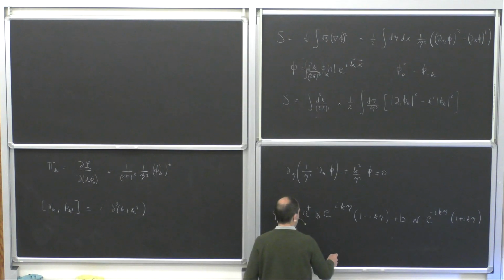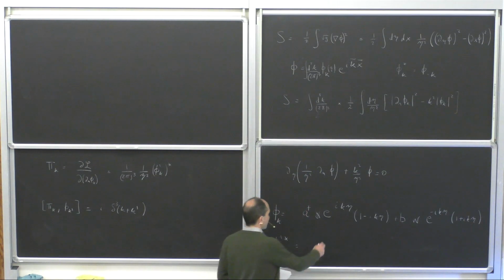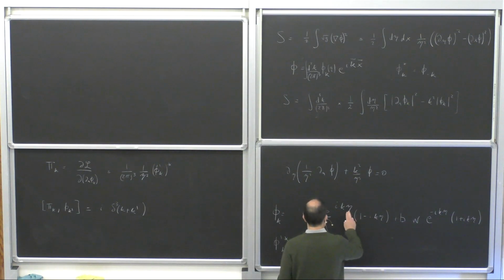So when we take the derivative, we'll get the factors. Okay, so we need to take the derivative of this with respect to eta. We'll get the factor of i k squared eta, e to the i k eta.